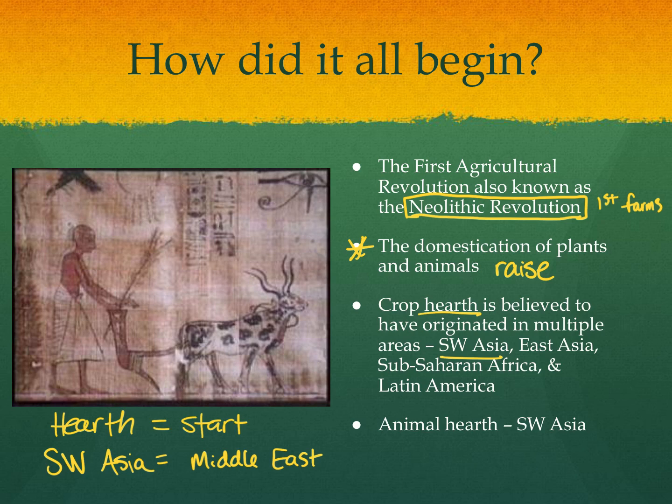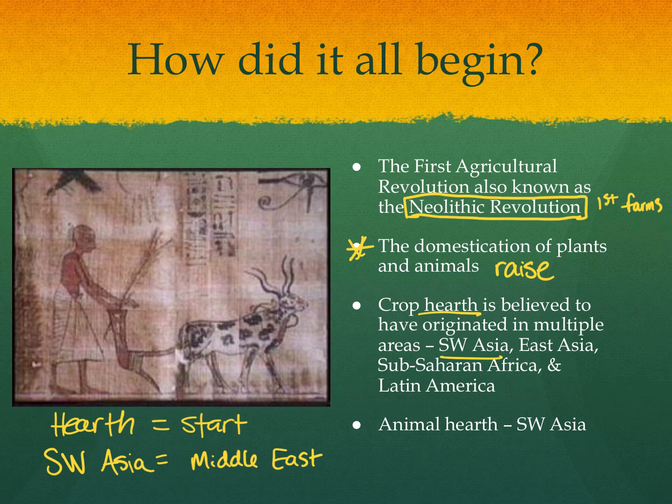So to make this change from being nomadic herders to being a permanent settlement where we are going to stay somewhere, we have to have access to water, right? And still today, our largest populations are near areas that have access to water, okay? So big tie there with our population unit, okay?